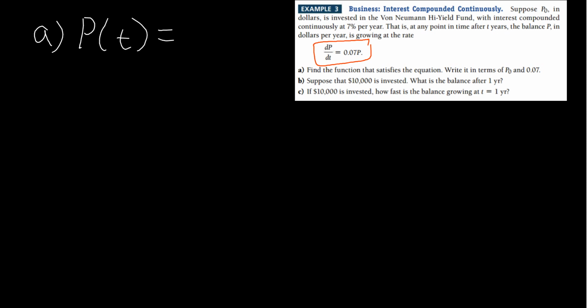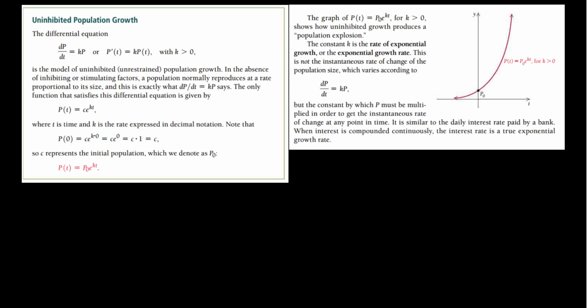Well, going back to the previous slide, right here, we see P of t is equal to the initial population times e raised to the kt power. So we're going to do that.